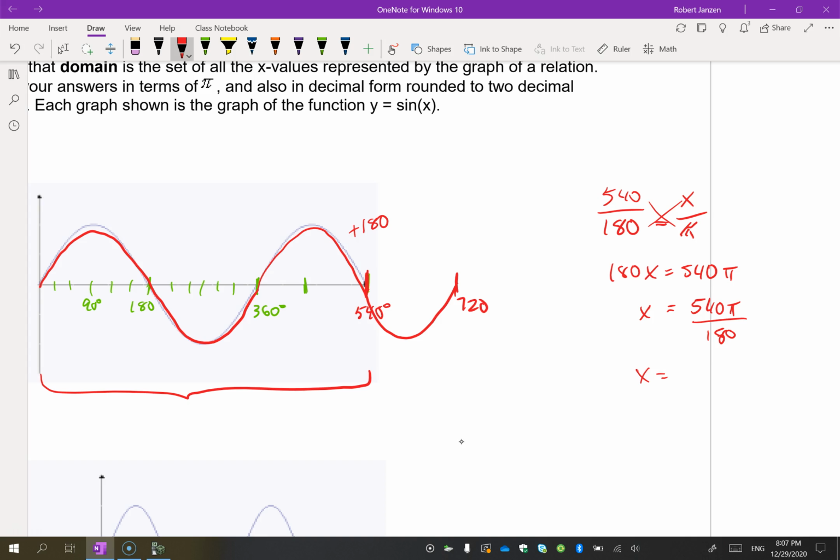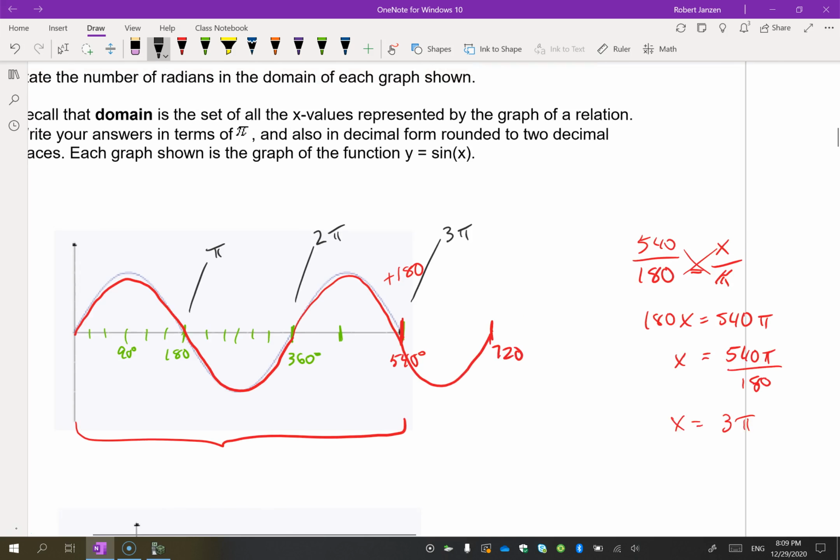So x is, well, what if we did this? This is going to be 3 pi. Alright, so you end up with 3 pi, which should make sense because you know that 180 is 1 pi. You know that 360 is 2 pi. So this would be 3 pi.